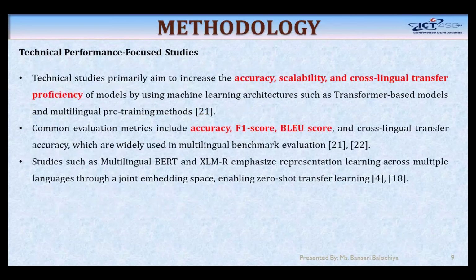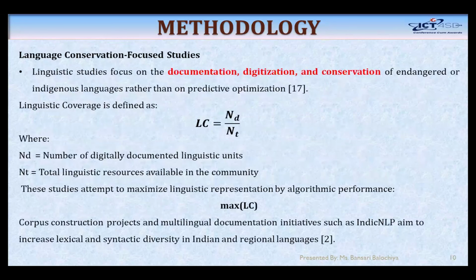This methodology consists of accuracy, F1 score, BLEU score, and cross-language transfer accuracy, which are widely used in multilingual benchmark evaluations. Now language conservation focuses on documentation, preservation, and conservation of endangered indigenous languages rather than on predictive optimization.